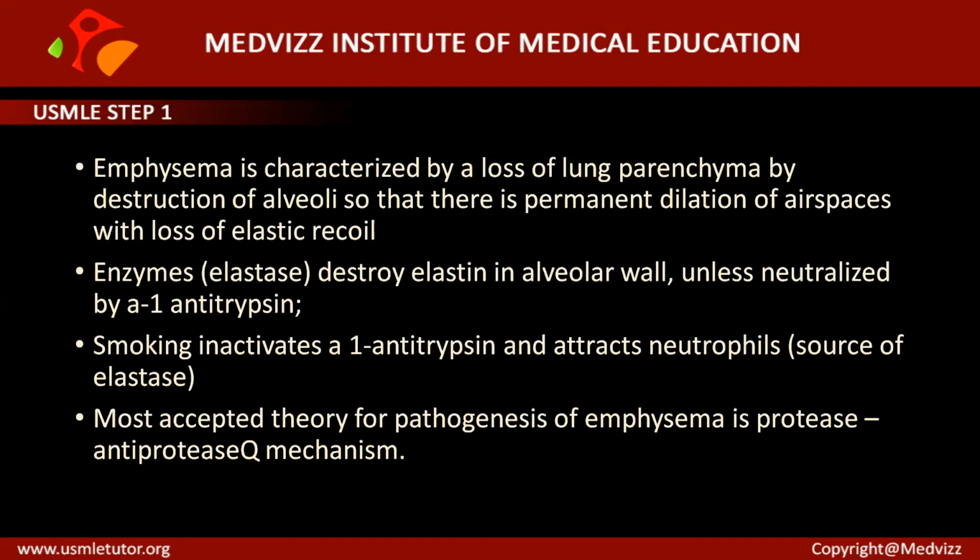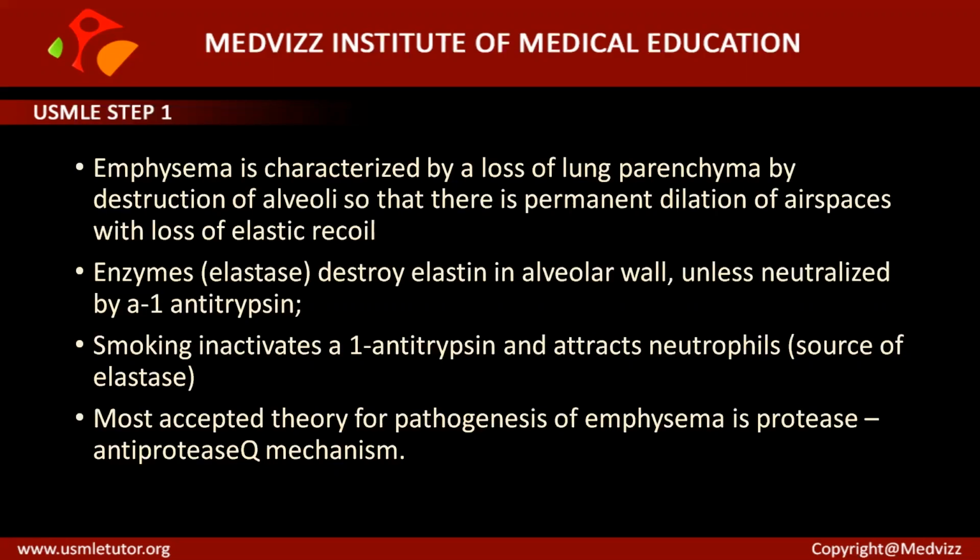If we look at the enzymes, elastase is the enzyme which can destroy elastin in the alveolar walls. But this elastase is always neutralized by alpha-1 antitrypsin. So if there is a deficiency of alpha-1 antitrypsin, elastase cannot be neutralized. Alpha-1 antitrypsin is normally produced by the liver.